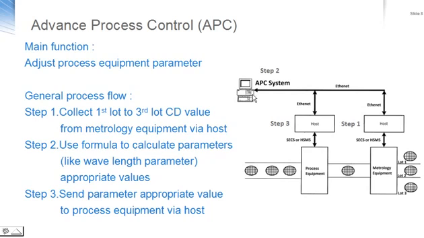Okay, step 2. Use a formula to calculate the parameter, like the wavelength parameter, appropriate value. So it will calculate, for example, the mean value of lot 1, lot 2, and lot 3.